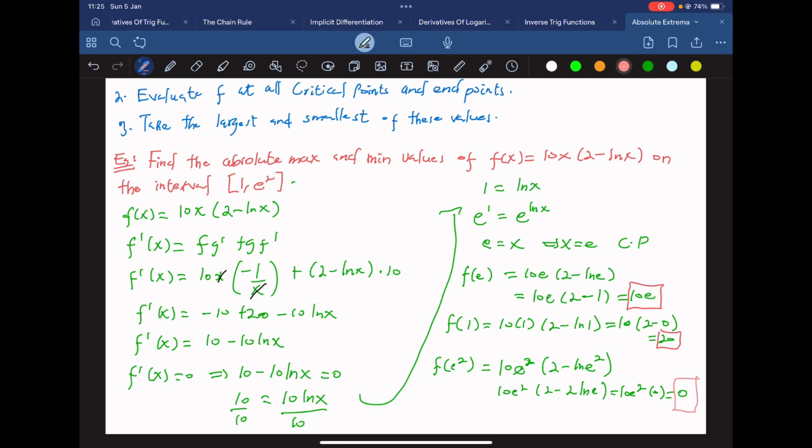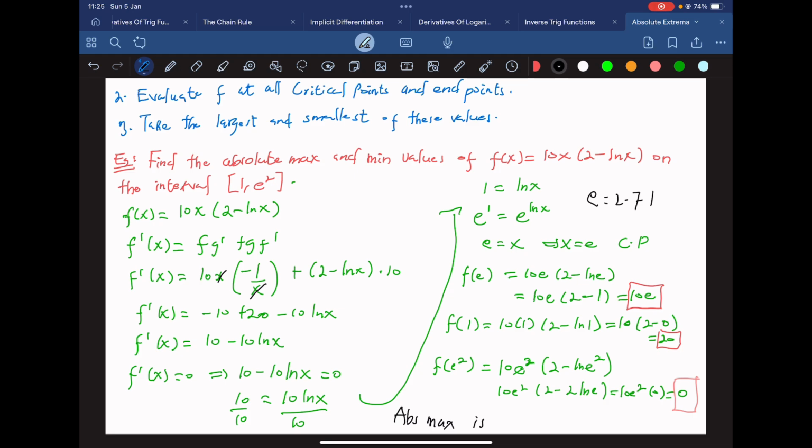So we have 3 values, and now we have to select which one is the biggest and the lowest. In this case, we can say that our absolute max is between 10e and 20. Which one is bigger? Now remember, e is 2.7 something, right? It's approximately 2.7 something.